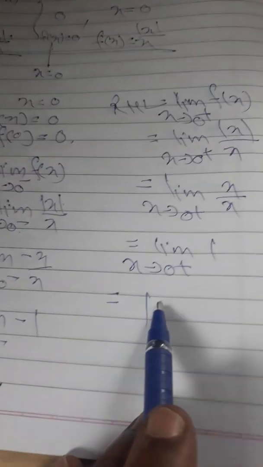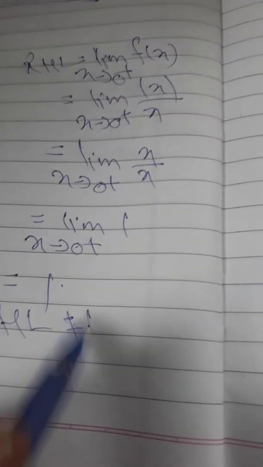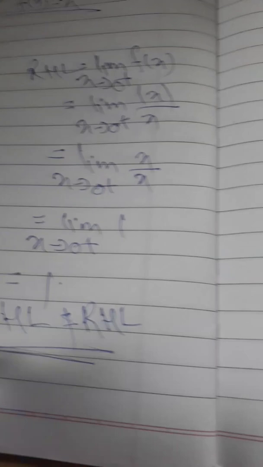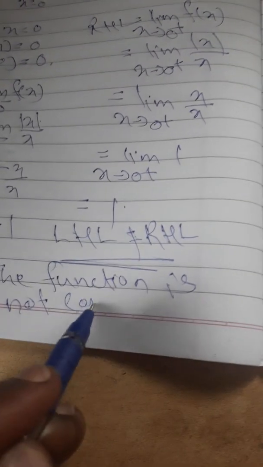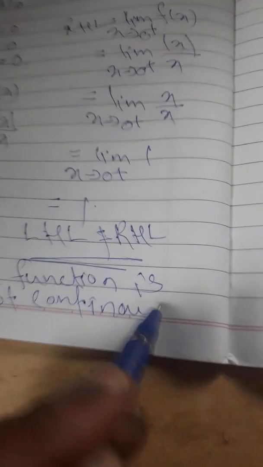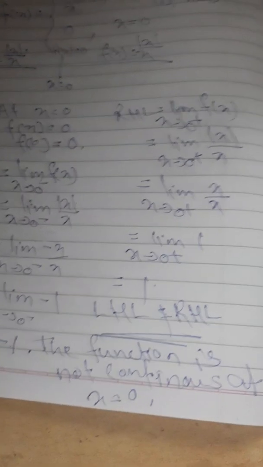Now you look here, LHL is not equal to RHL. So the function is not continuous at x is equal to 0.